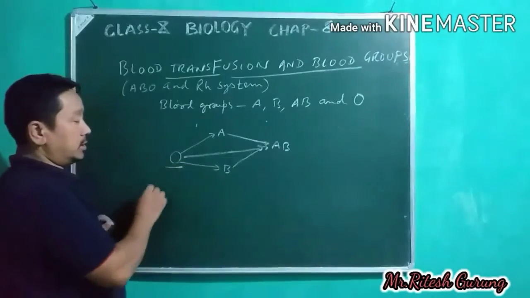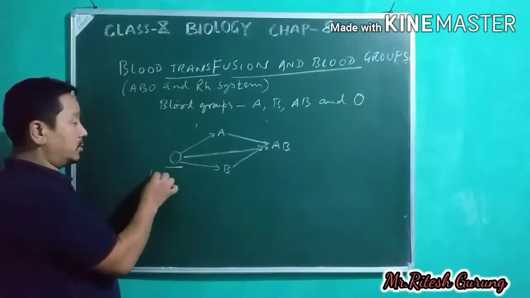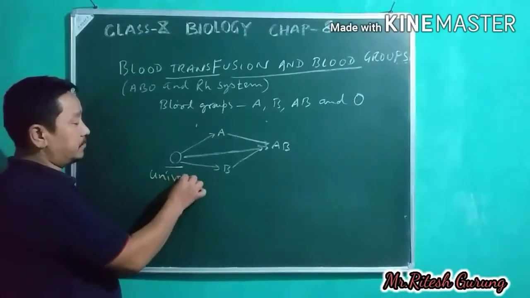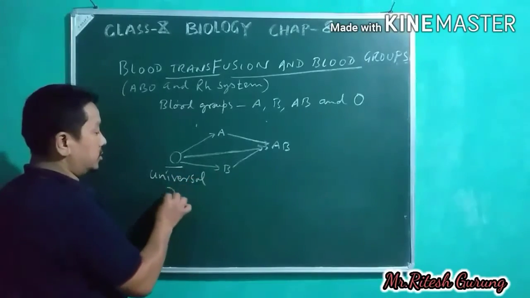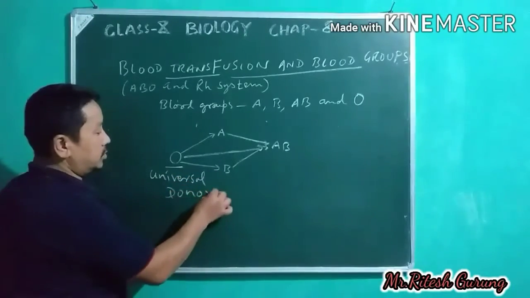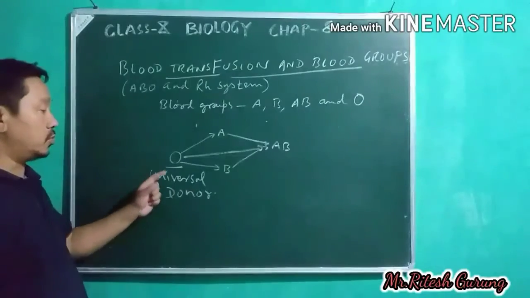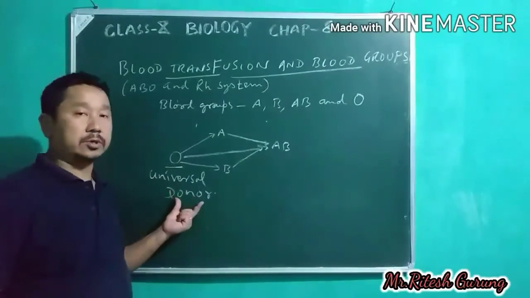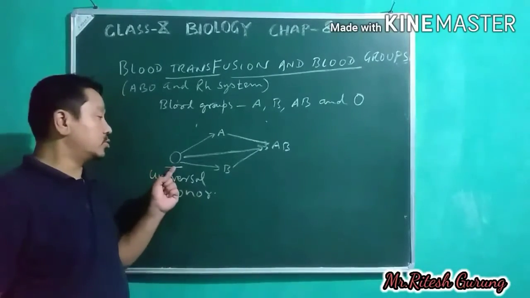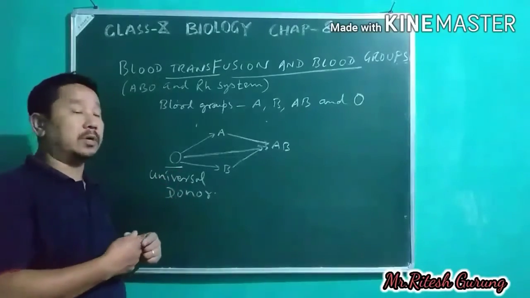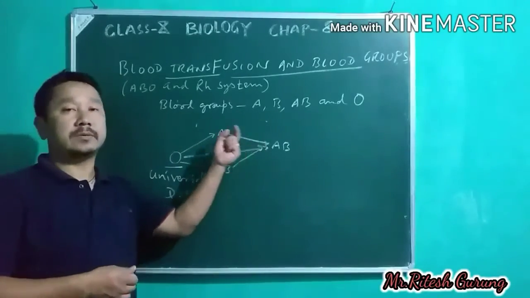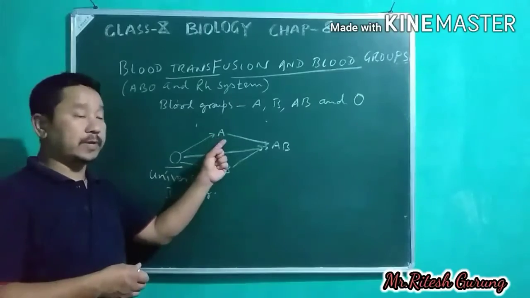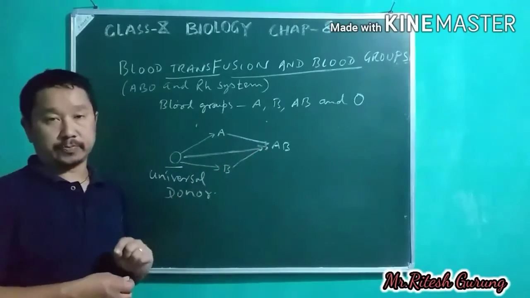That means to all kinds of blood groups, blood group O can donate the blood. So this blood group O is called universal donor, because blood group O can donate the blood to all types of blood groups: blood group A, blood group B, blood group AB also.